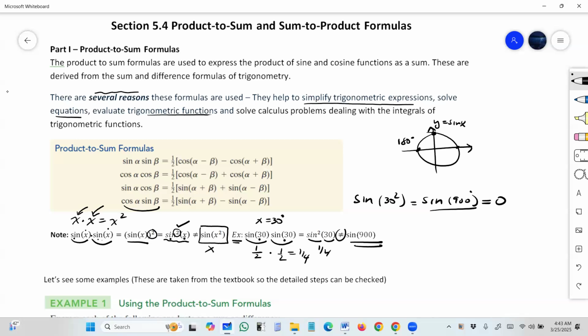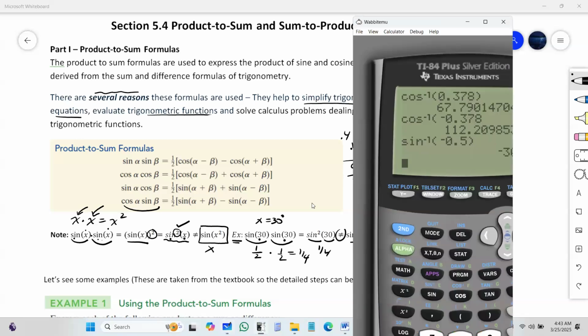If I go 5 laps from 180, so 5 times 180 is 900, I end up right here at 900 degrees. Now the sine right here is 0. I hope you can see that from the unit circle. If you don't, we can always do it on the calculator.